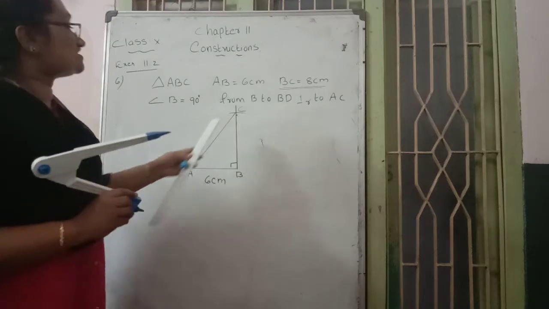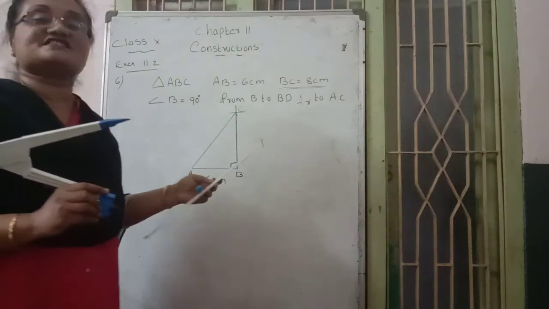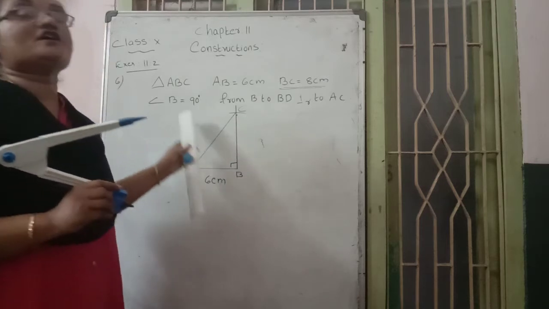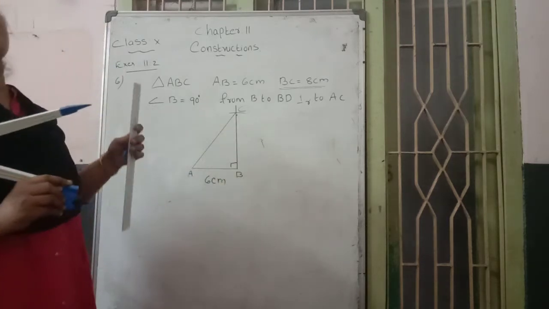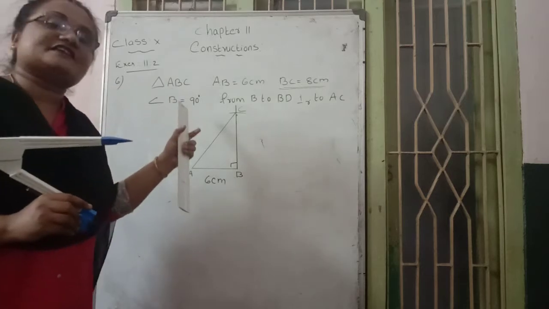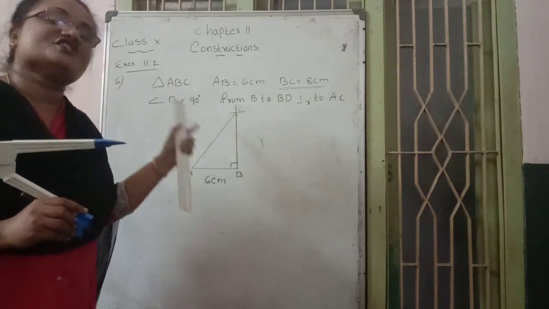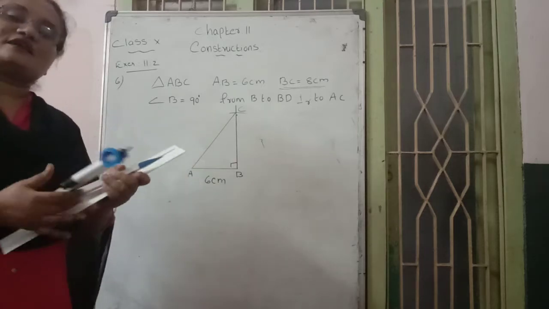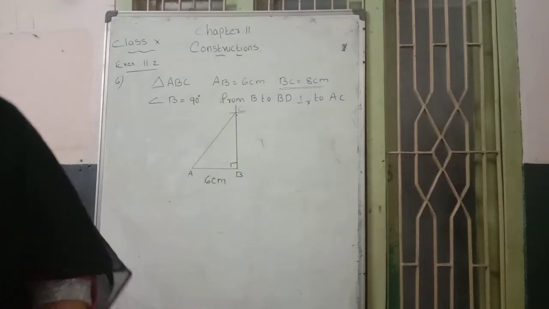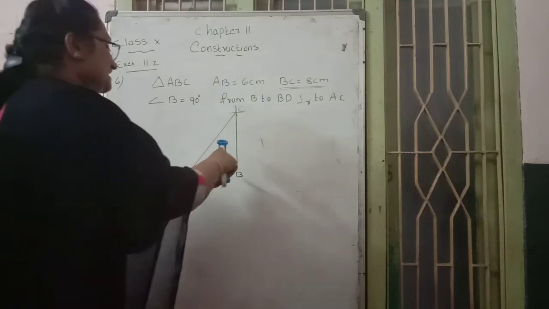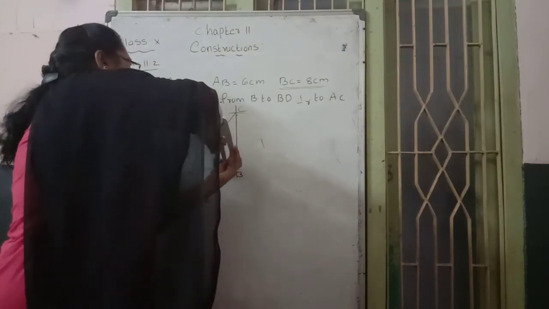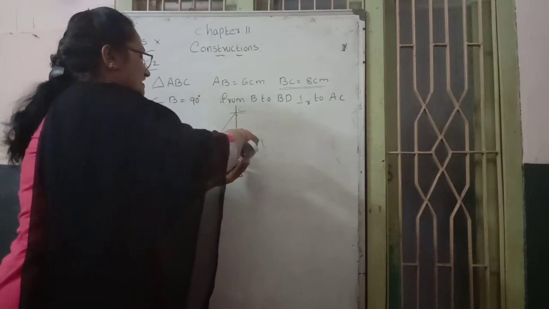The next procedure: one more piece of information they gave in the second line of the question. From B, draw a perpendicular to side AC, and mark the cutting point as D. How to draw the perpendicular: with B as center, take a convenient radius, 2 centimeter, and draw an arc.